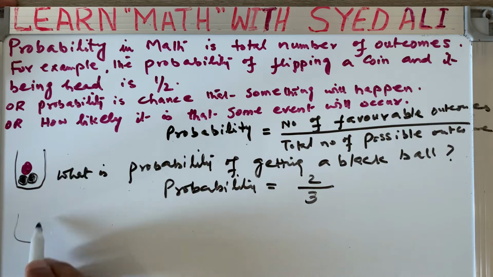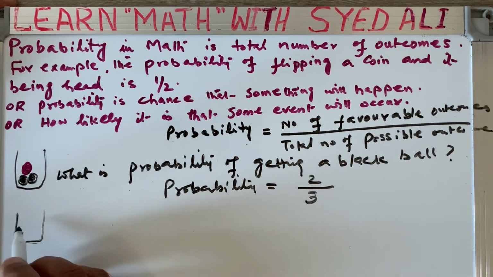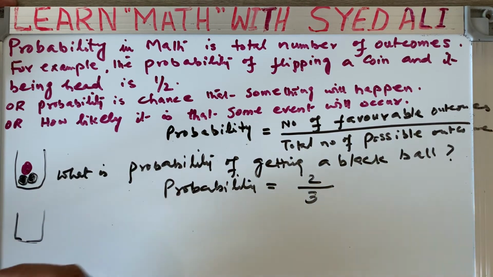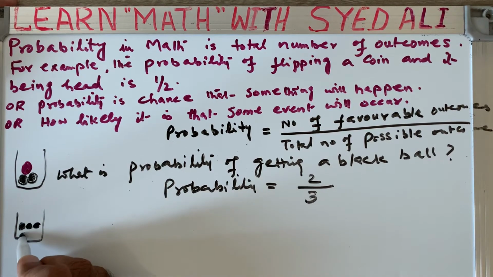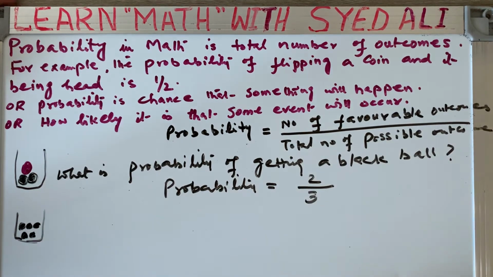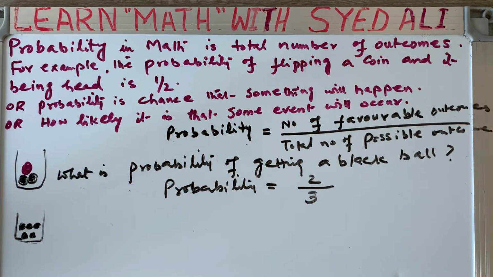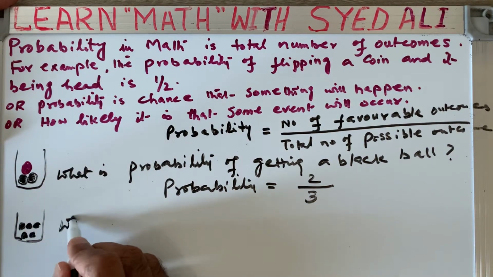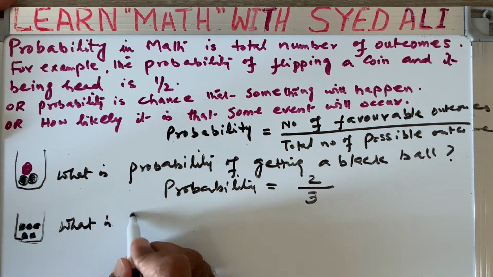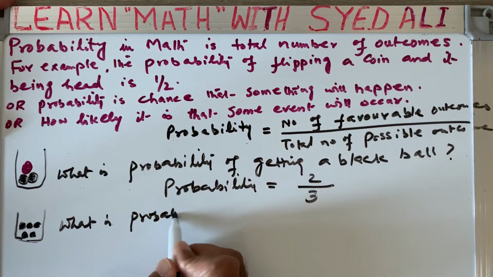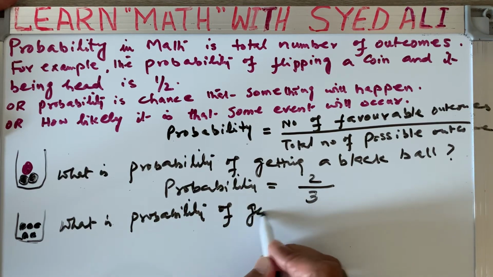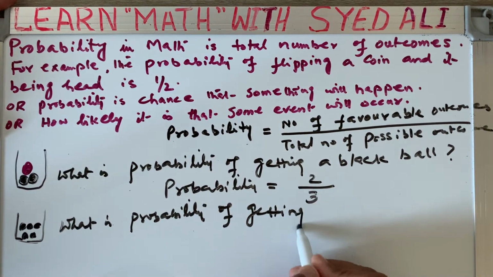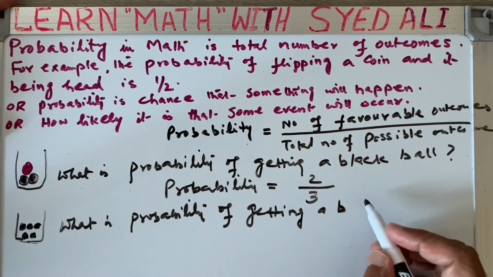Or we have another container. Let's see this other container. We have here, let's say, all black balls, 1, 2, 3, 4, 5. So we have all black balls. What is the probability of getting a black ball from this container?